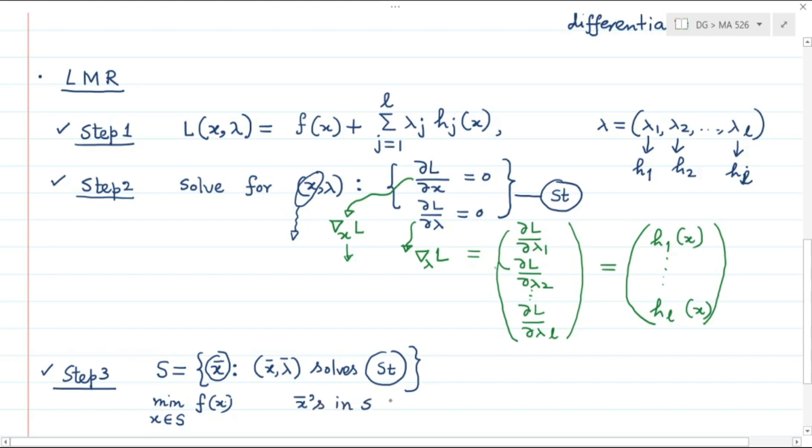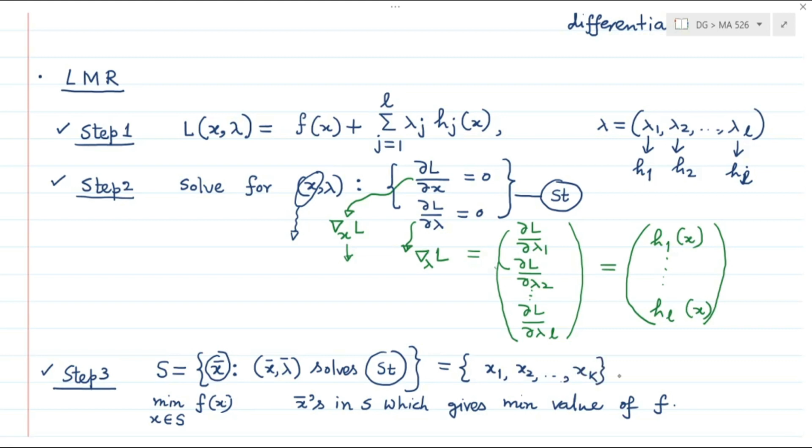which give the minimum value of f. Let's suppose in S you have a few points, x1, x2, up to xk. Maybe this set may consist of infinitely many elements, but let me suppose that it has these many elements. So out of these, let me consider x1 bar, x2 bar, xk bar.